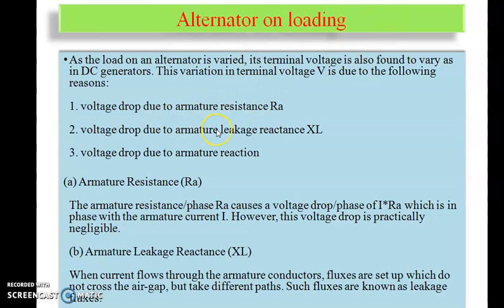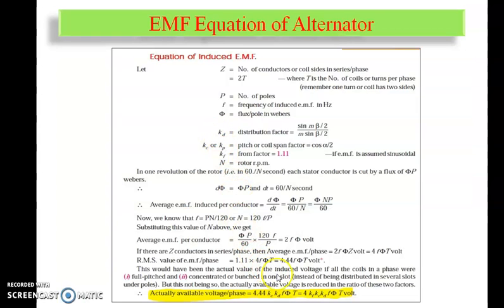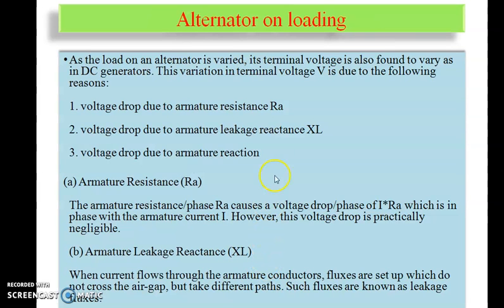The EMF generated in the alternator is E equals 4.44 Kc Kd f phi T. But in actual practice, the terminal voltage is always less than the induced EMF, and this terminal voltage is lower because of three reasons. म्हणजे इंड्यूस EMF जितका आहे त्याच्यापेक्षा ऑलवेज मला टर्मिनल व्होल्टेज कमी मिळतं.